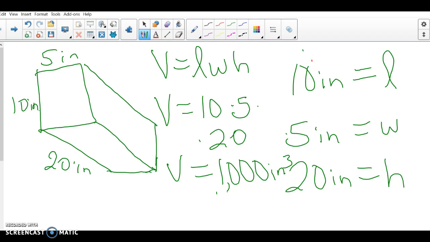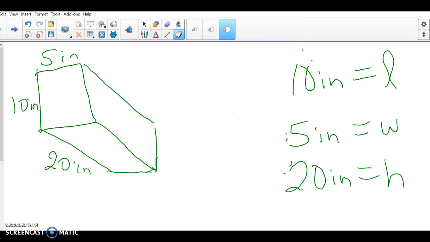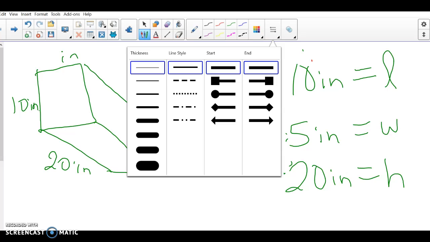So that's our volume. So what we're going to look at now is what happens when we change one of those dimensions. Okay, so let's take one of our dimensions and let's double it. Let's take our width and say instead of it being 5 inches, let's say that now our width is going to be 10 inches.